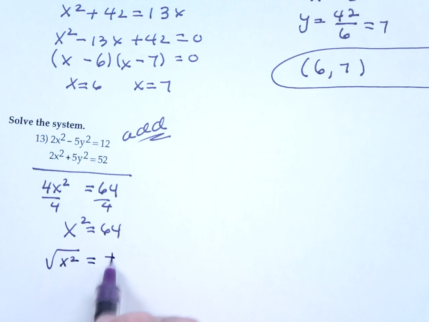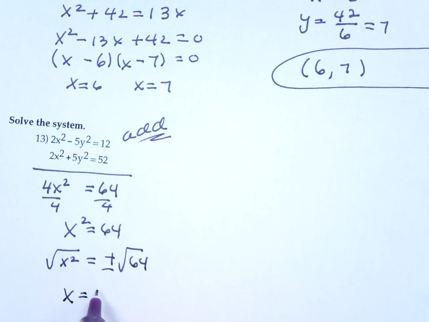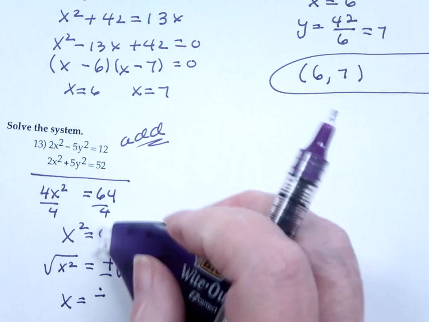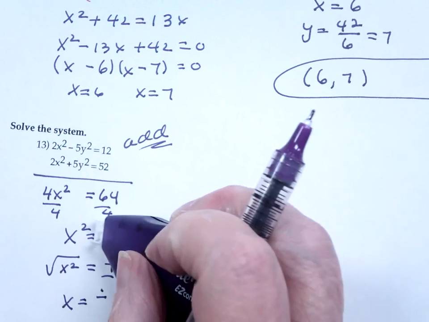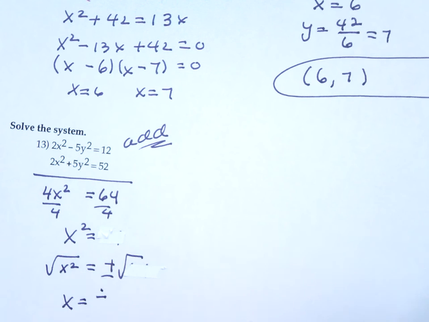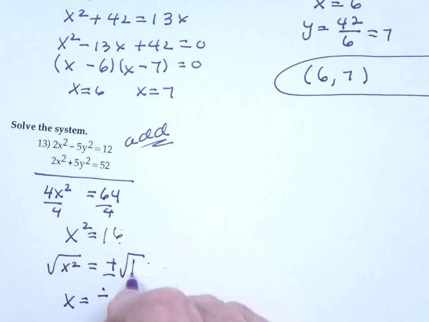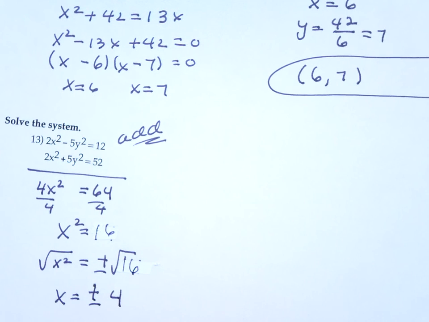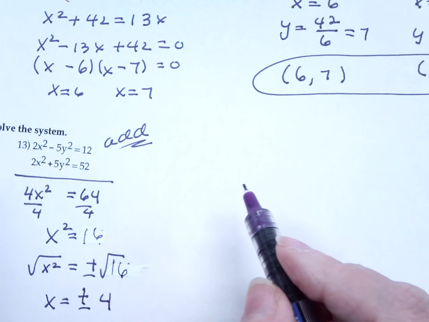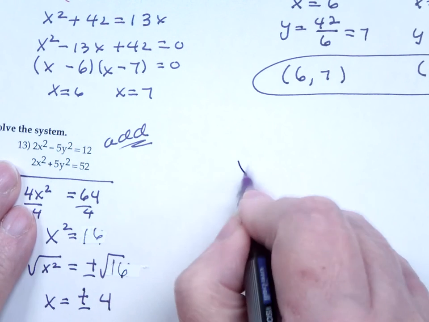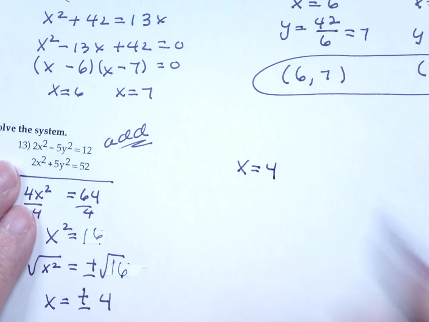Don't forget the plus or minus. So that x is, that's not right, divide by 4, this gives you 16. X is plus or minus 4. Well, I need to find y, so x equals 4.